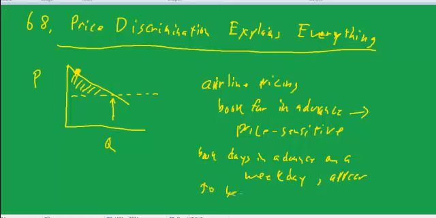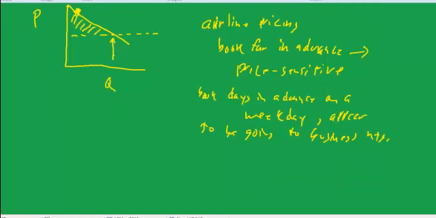So you appear to be going to a business meeting, and they think that you won't care much about price, and so they want to charge a high price. That's a lot of the game that the airline is playing, and it's all about price discrimination.